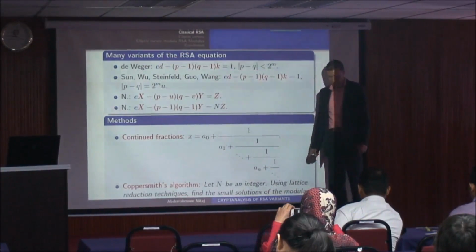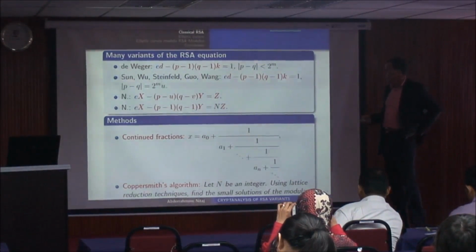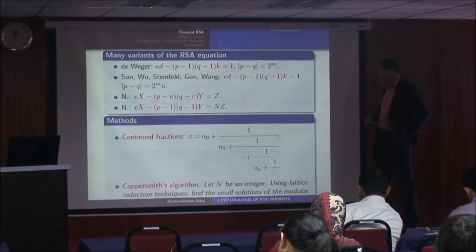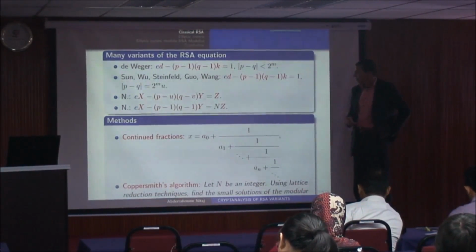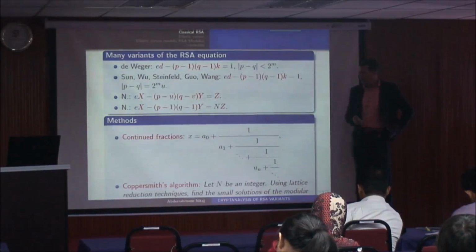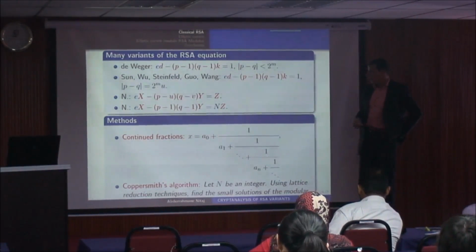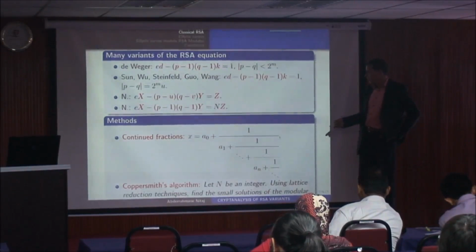We can apply in this situation the continued fraction algorithm or Coppersmith's method to find the solutions and to break the RSA system. So, attacking the key equation in RSA or some variants of the key equation are based mainly on the continued fraction algorithm or Coppersmith's method.